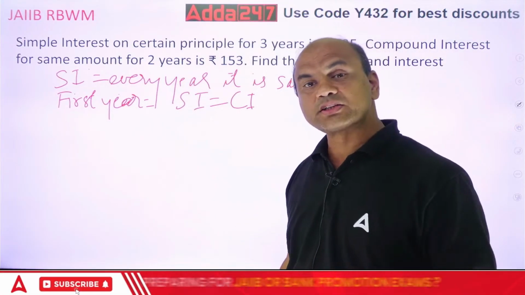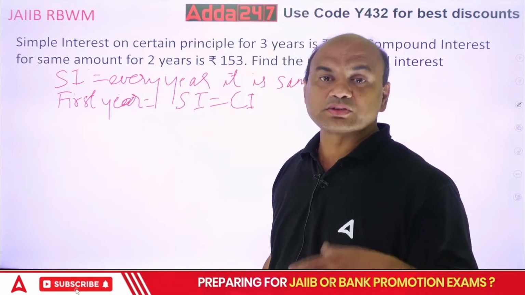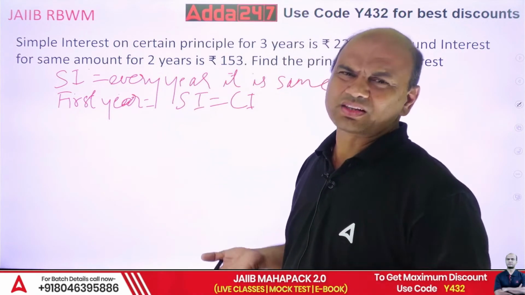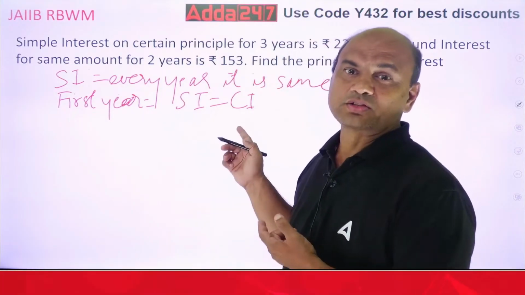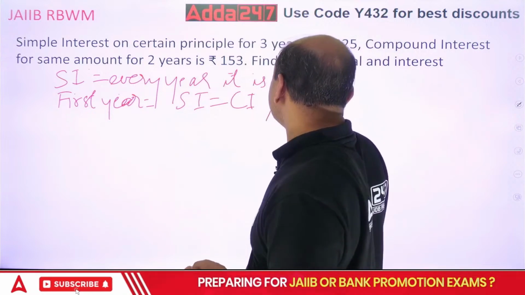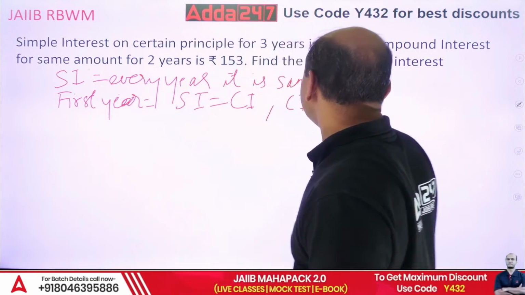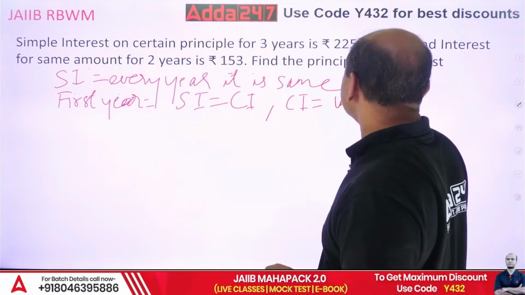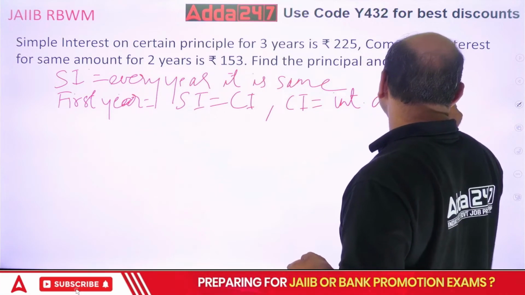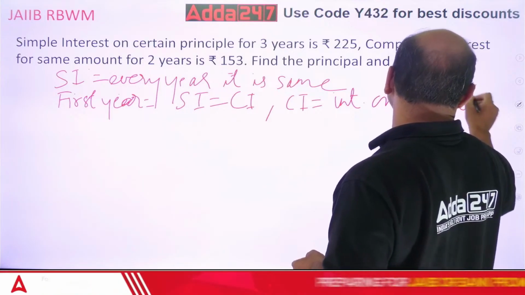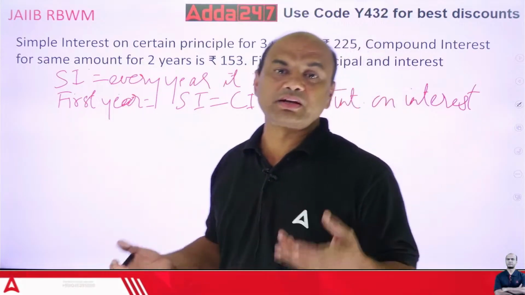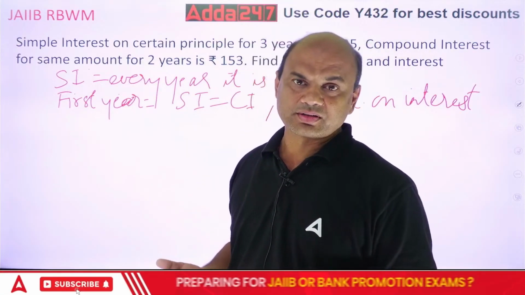And compound interest is what? Compound interest is interest on interest. Very important part. You all will say, sir, we know all this. Then solve the problem. Are you able to solve it? CI equals interest on interest. These things we have learned, but many times we don't understand them.